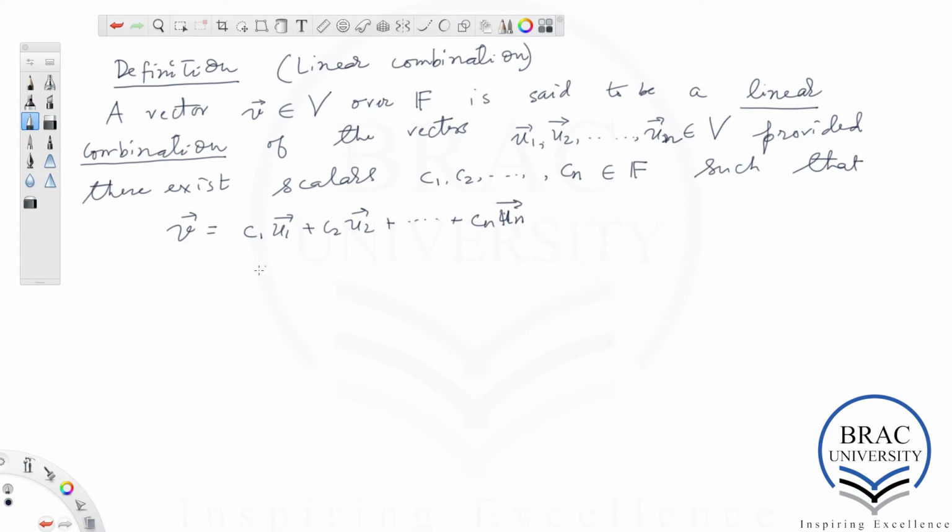Okay, so in the summation notation we write it like this, right? So this is the definition of linear combination of vectors from a given vector space.